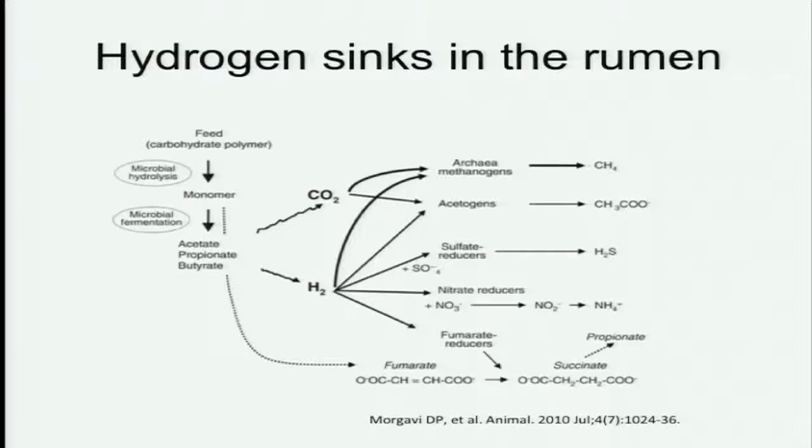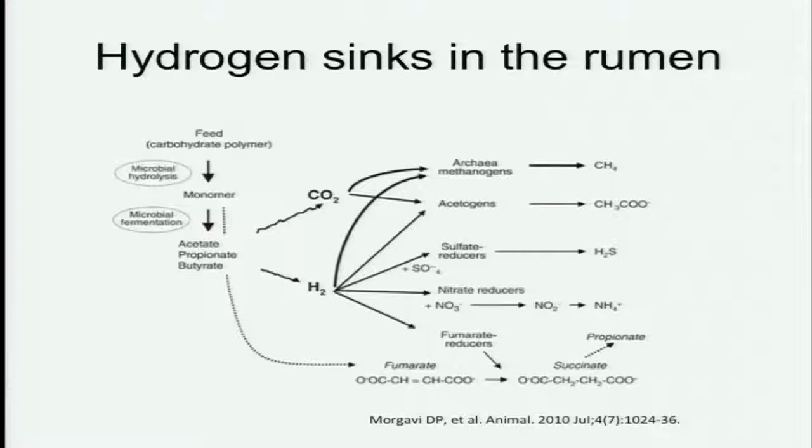So in the absence of methanogenesis, or the methanogens, you are being less efficient compared to when you have methanogens. So ultimately, if you want to really control this rumen microbial population to reduce methanogenesis, we have to look at what are the alternative methods of using this hydrogen or CO2 being produced within the rumen.